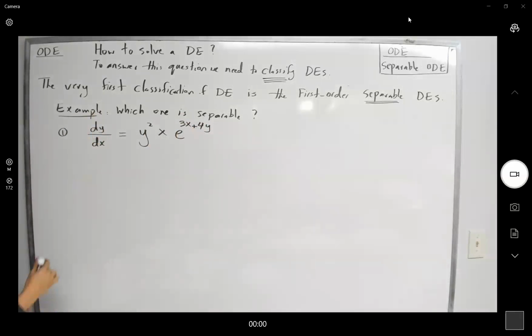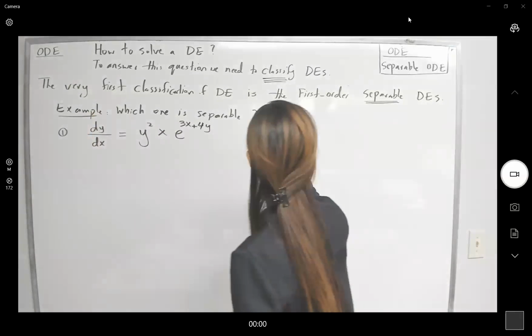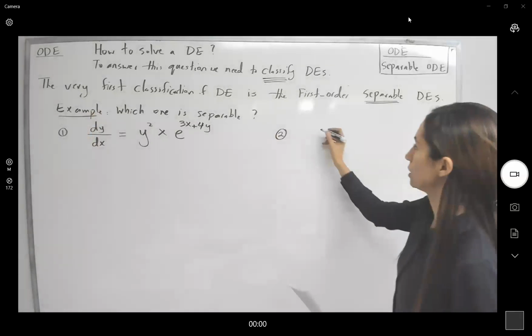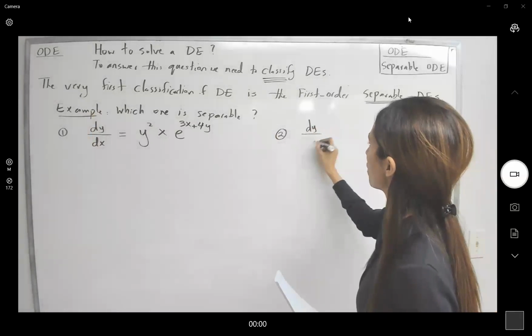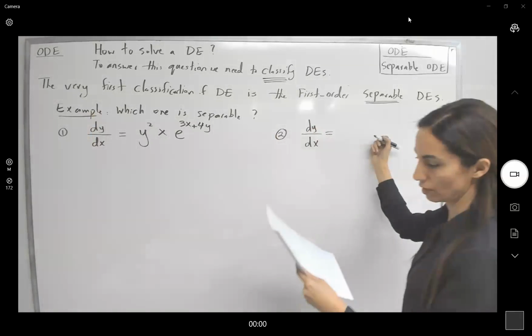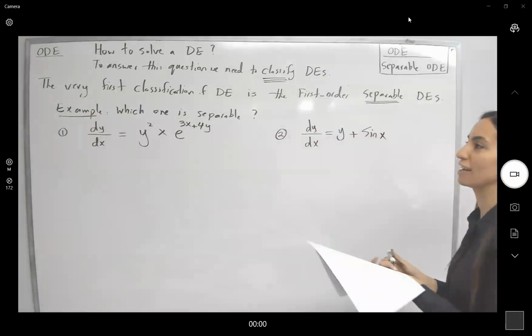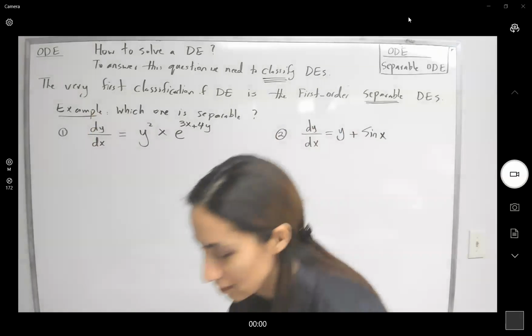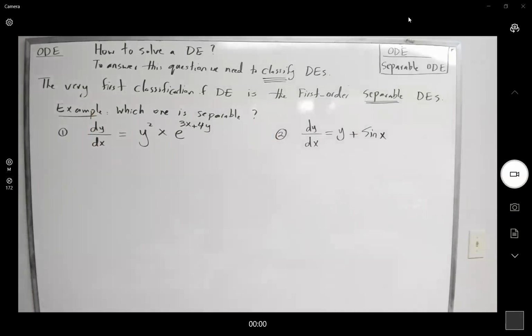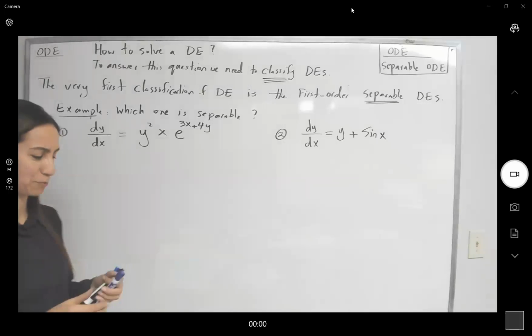And the second one is dy over dx is y plus sine of x. Very well. Okay.